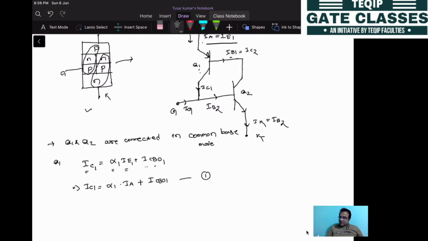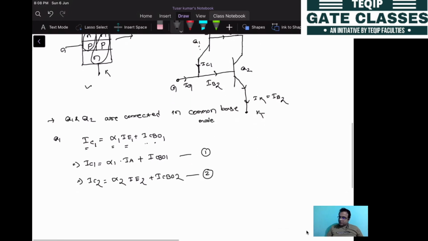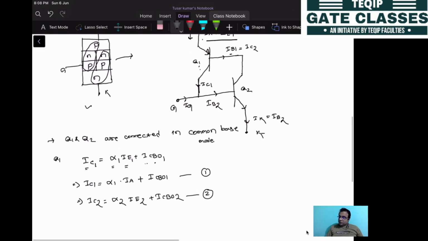Similarly for transistor 2, you can write IC2 equal to alpha 2 into IE2 plus ICBO2, as Q2 is also connected in common base mode. That is equation number 2. But what is IE2? If you look here, IE2 is nothing but the cathode current.